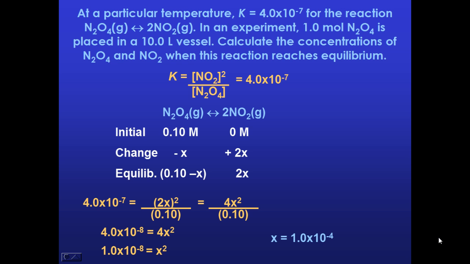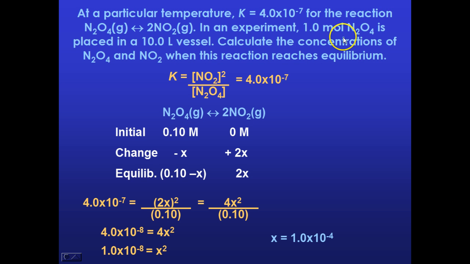And the 5% rule that we use is we take that x concentration and we divide it by the initial concentration. And as long as it is below 5% of that starting value, the assumption we made is a reasonable one to make. And I think when you do this one, you get that the percent error, or the percentage, was 0.1%. So that's really, really small. And it was a very logical assumption for us to make.